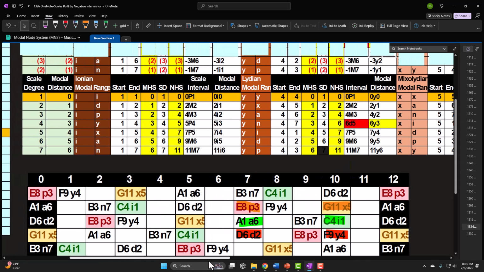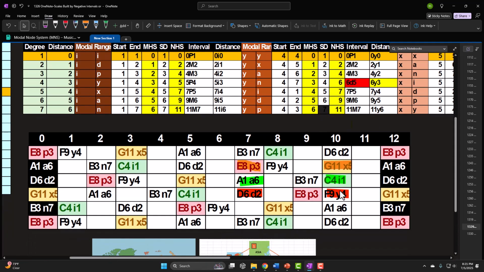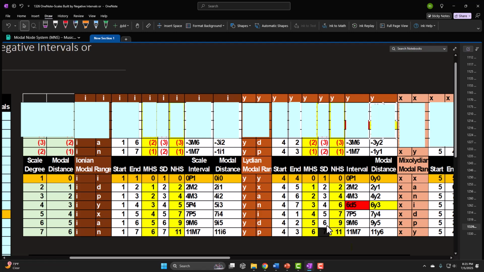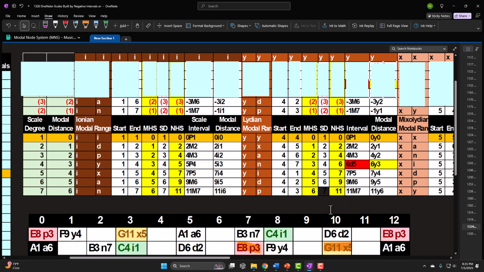So if we're on the Lydian node, 1, 2, 3 backwards, or -2nd modal half step, and 1, 2, 3, 4, 5, 6, 7, 8, 9 gets me on the Dorian going forward, which is 1, 2, 3, 4, 5 continents or modal half steps going forward, which makes sense.